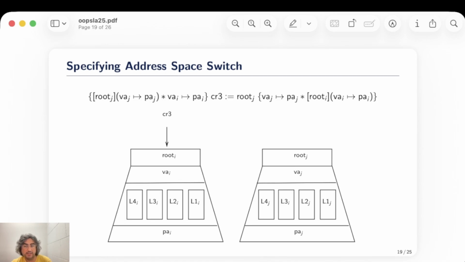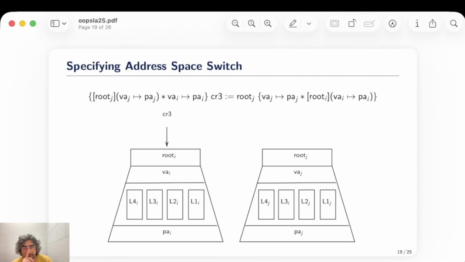Currently loaded memory is root I's memory, as the control register is pointing to it. As we see in the precondition, root I's virtual mapping is loose in the specification, but root J's is under the address space modality.